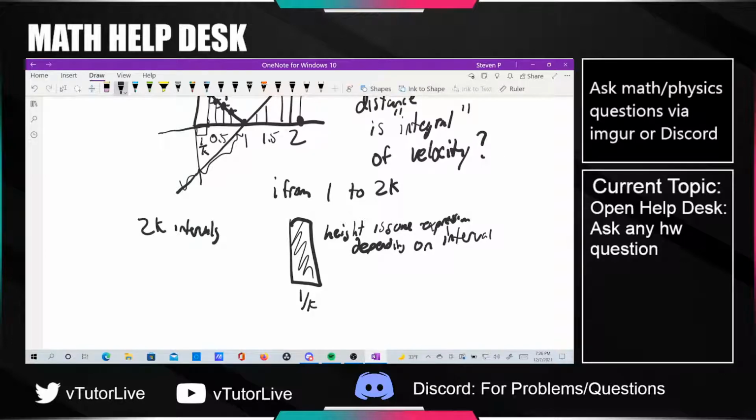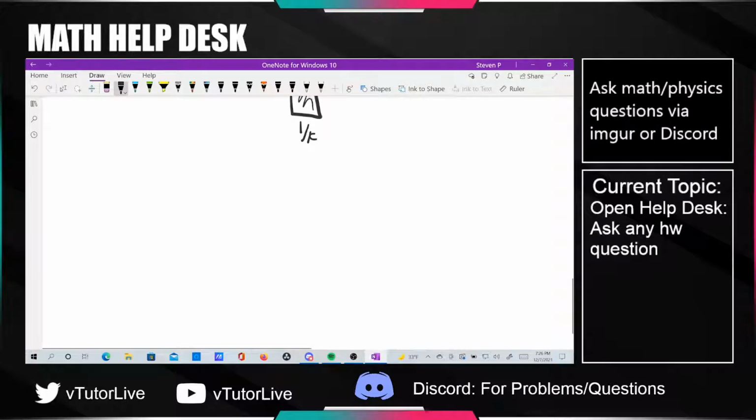Integration is ultimately adding up a lot of rectangles. Feeling good so far? I'm asking because a lot of people mentioned question 4 was the other complicated problem on the set. And I get that it appears a little bit scary, but I ultimately think it's maybe not quite that bad. I hope not anyways. But yeah.